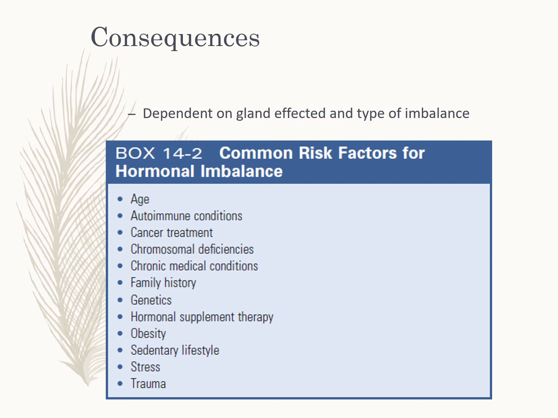Risk factors for hormonal imbalance are usually considered in the context of the specific gland and hormone involved. For example, the risk factors involving the anterior pituitary gland and the secretion of growth hormone differ significantly from risk factors associated with the hormonal imbalance involving the pancreas and secretion of insulin.